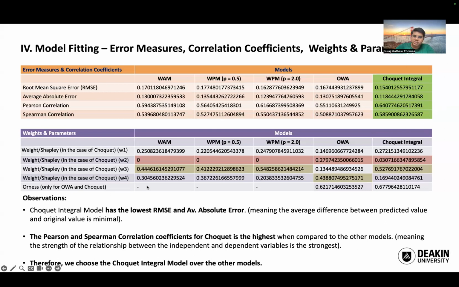Now, if you see the weights, W1 corresponds to X1, W2 to X2, W3 to X3, W4 to X5 because we omitted X4, W5, and then the orness. Across all the models, W3 has the highest weight. So the importance of X3 is the highest. What is X3?